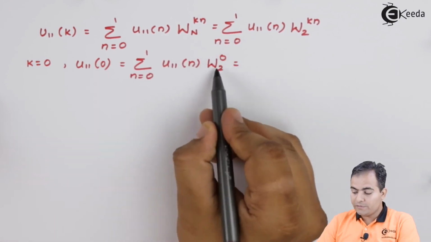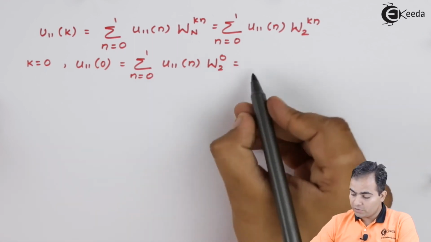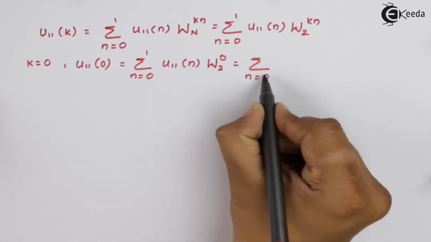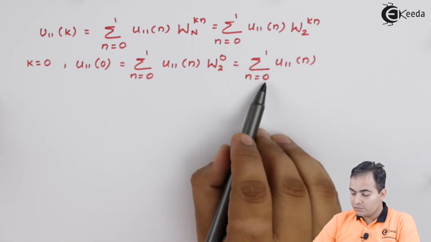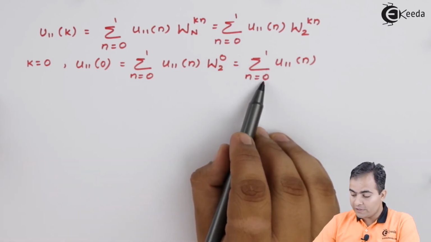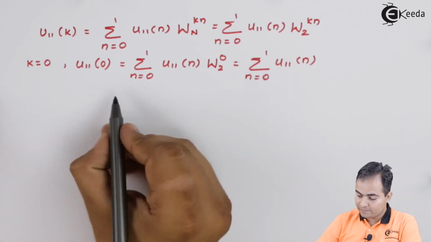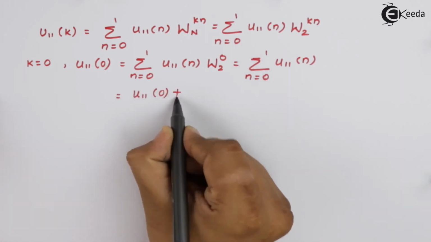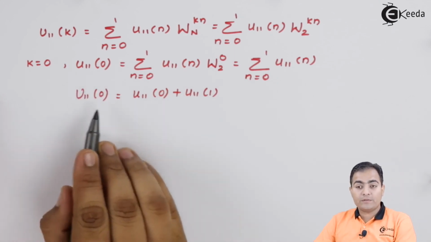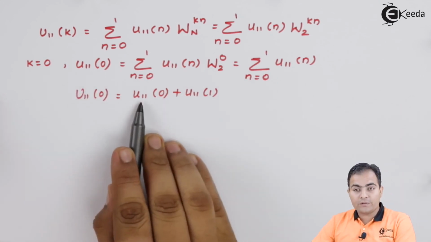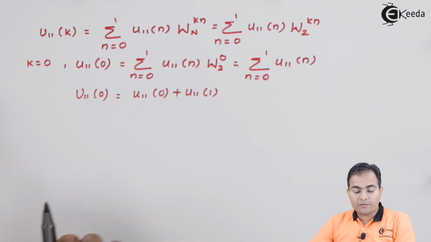And I'll substitute omega 2 to the power 0, which is always 1. Now I'll break this summation, substituting my n values, that is 0 and 1. So U11 of 0 is the result of U11 of 0 plus U11 of 1.